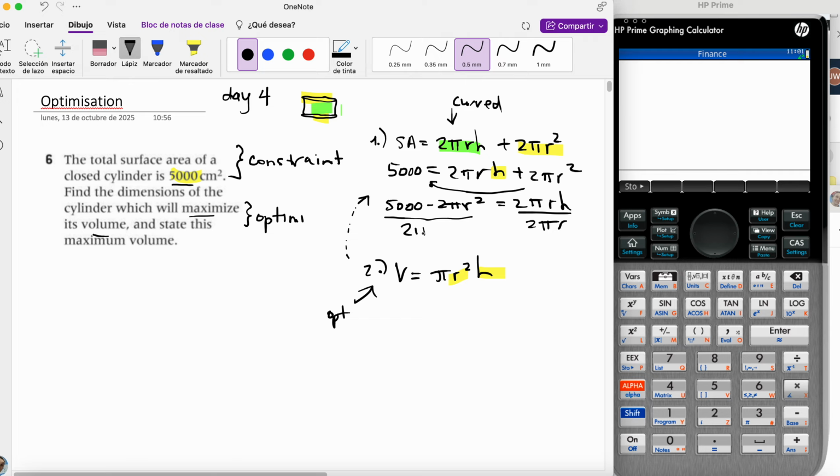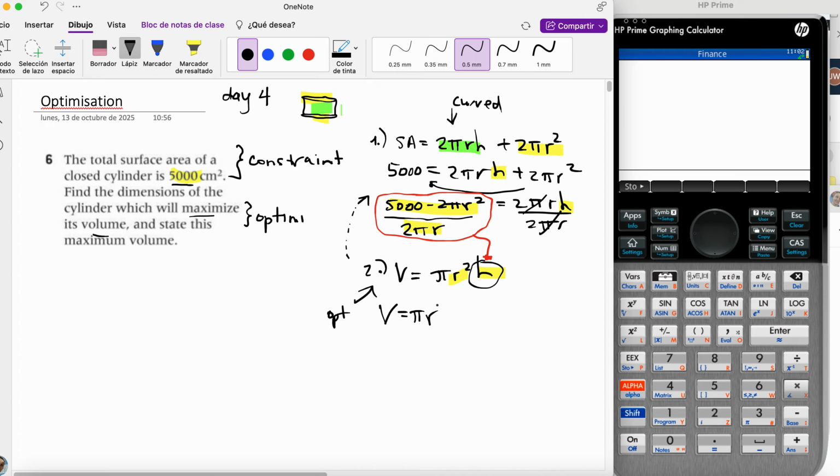So now we have our expression for h. How does this help? Well, if h is also equal to this thing, then instead of h, we can rewrite it with this thing.